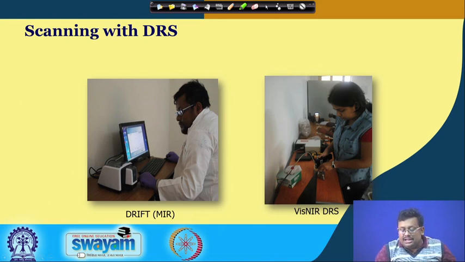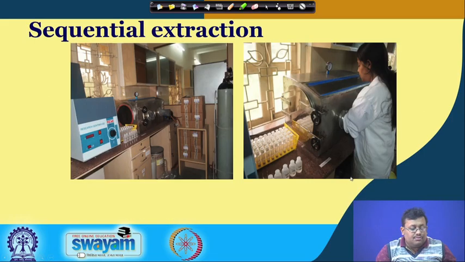Another is visible near infrared diffuse reflectance spectroscopy, and after scanning using these two methods, we also simultaneously measured their properties like total arsenic content, and not only the total arsenic content, but we also used a specialized technique called sequential extraction to extract the individual pools of arsenic present in the soil.